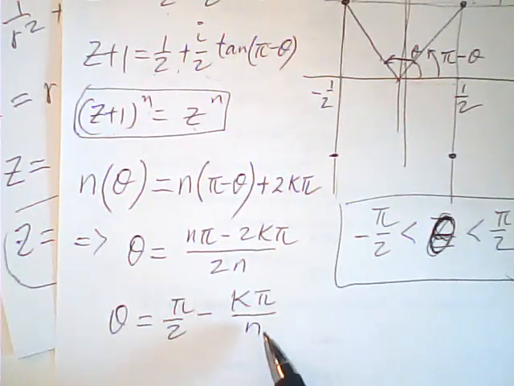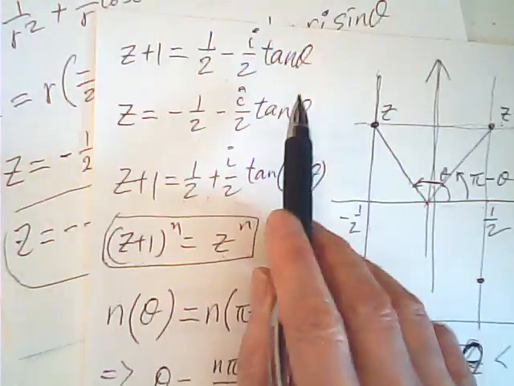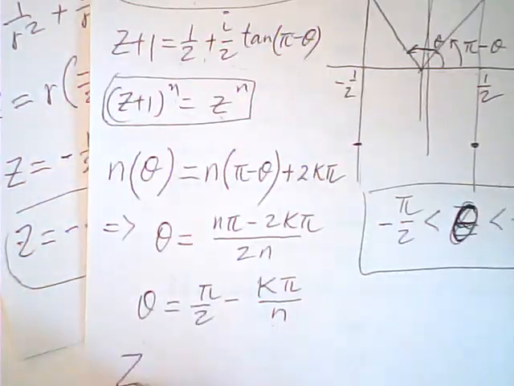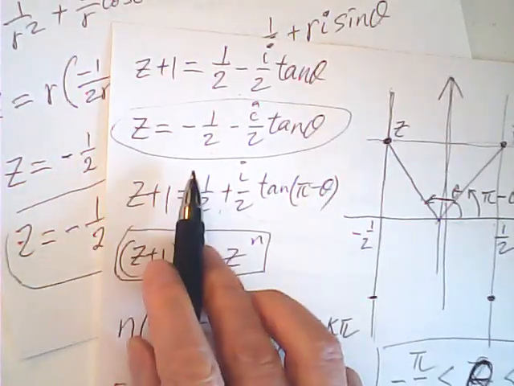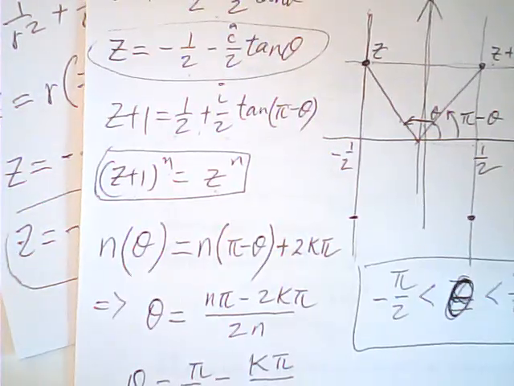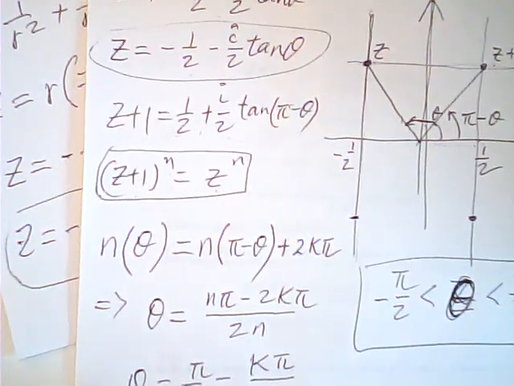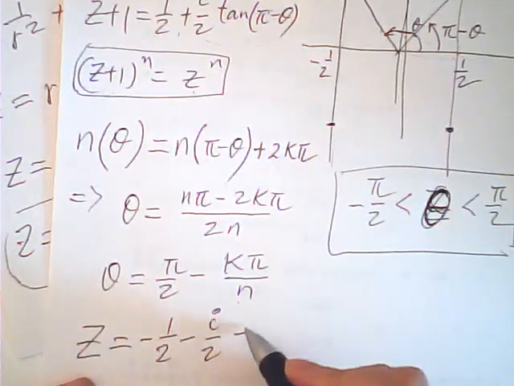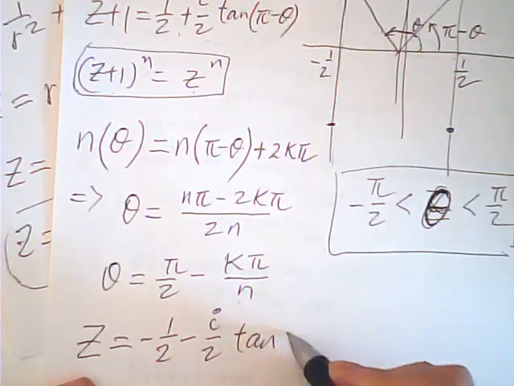Wow. Then we substitute this into what we have here. So z is this, minus half i tangent theta.